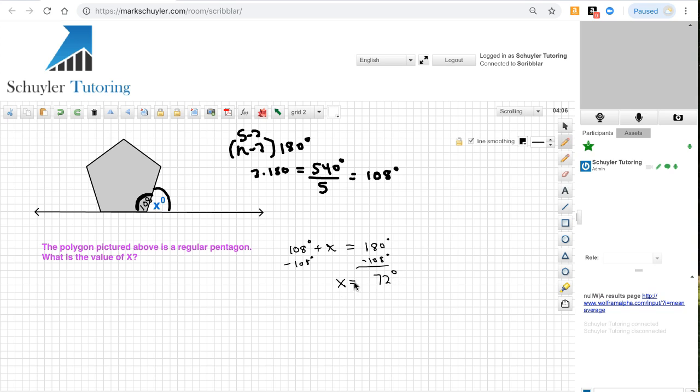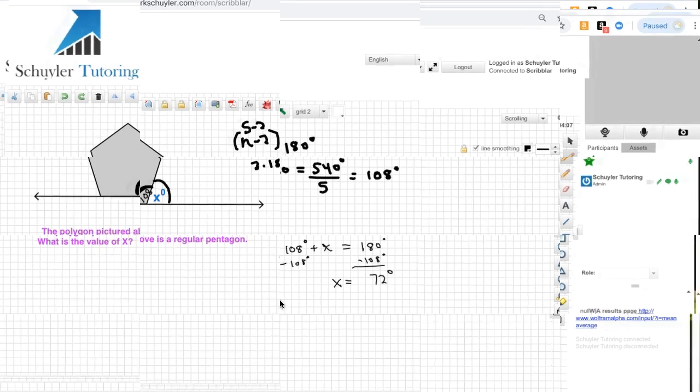So x equals 72. And that's it. Believe it or not, that problem is actually considered fairly hard on the SAT. It's given a medium difficulty rating, which means approximately half of the students in America can't get it right. The other half are getting it right. But we want to be in that 50% that's definitely getting this right every single time.